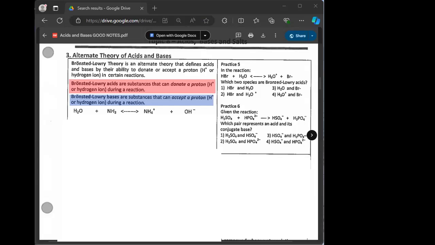Okay, now let's take a look at how to figure out if a substance is a Bronsted-Lowry acid or not.